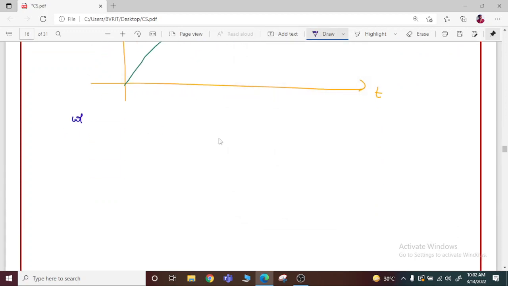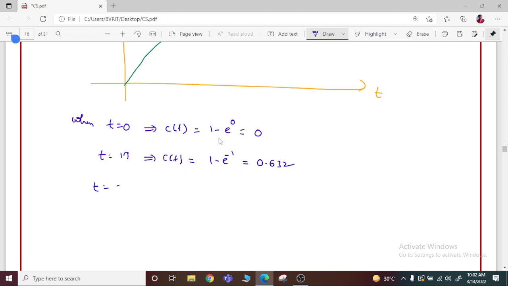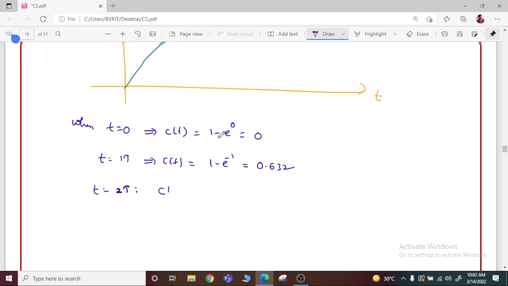When t is equal to 0, c(t) will be 1 minus e to the power of 0, which is equal to 0. When t is equal to 1 time constant, c(t) will be 1 minus e to the power of minus 1, that is equal to 0.632. When t is equal to 2 time constants, c(t) will be 1 minus e to the power of minus 2, which is equal to 0.865.